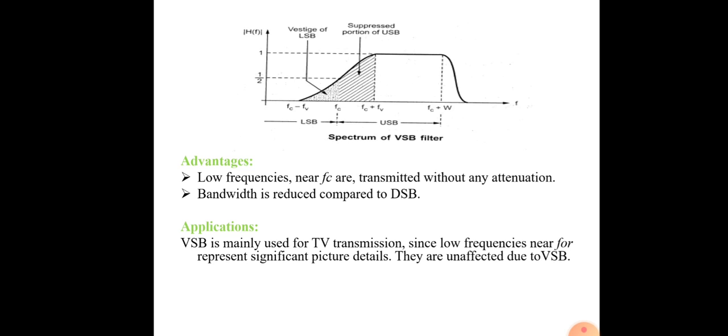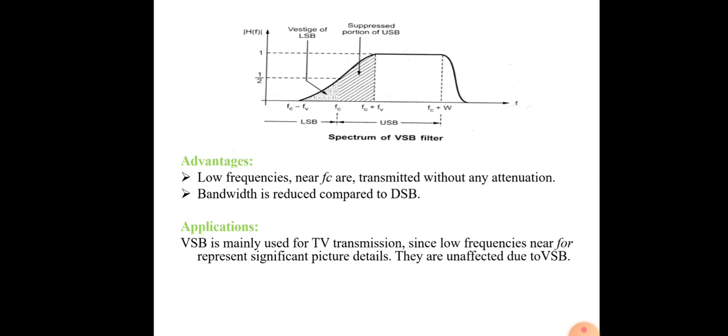Because we are using the low frequency, the transmission is very easy, there is no attenuation. And the bandwidth is reduced compared to DSBSC. That is the main advantage of VSBSC.